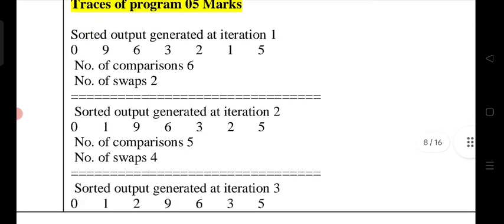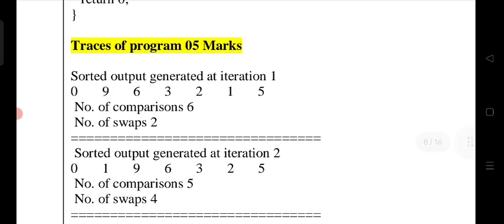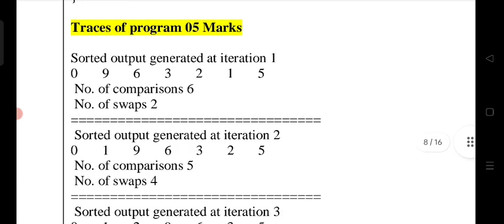And for tracing, you have to trace by considering the given input, and you have to mention how the elements of the list are sorted by using a selection sort technique, and how many comparisons will be done and how many swaps will be done at each iteration.